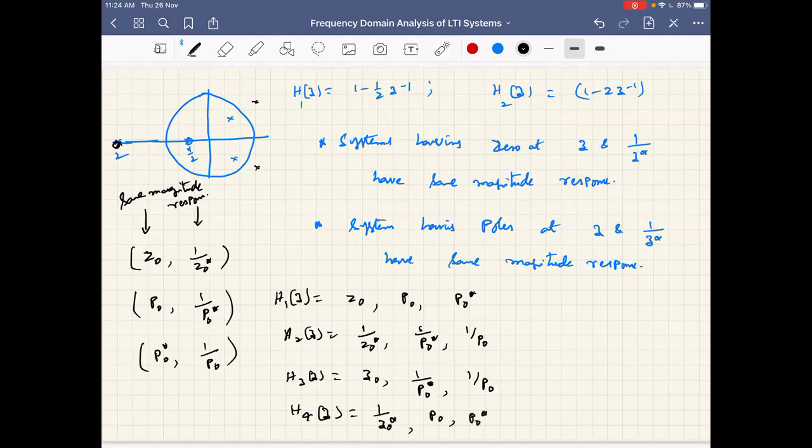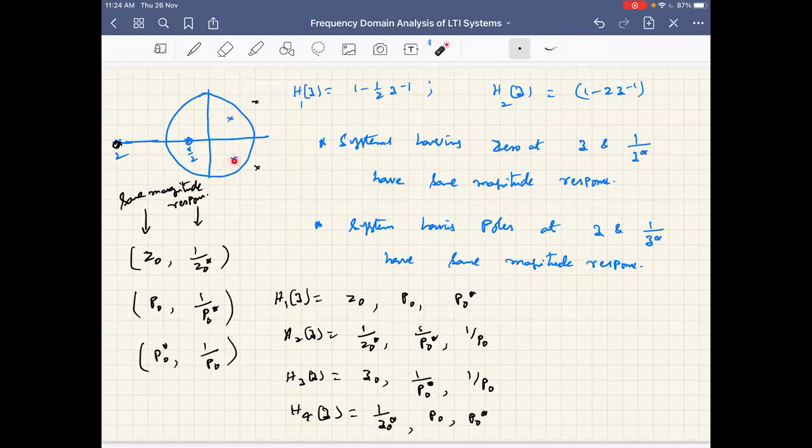So like this, there are several combinations which give the same magnitude response, especially for a given zero and a pole pair. You will have 4 combinations, because for a system having real coefficients, poles occur at complex conjugate locations.